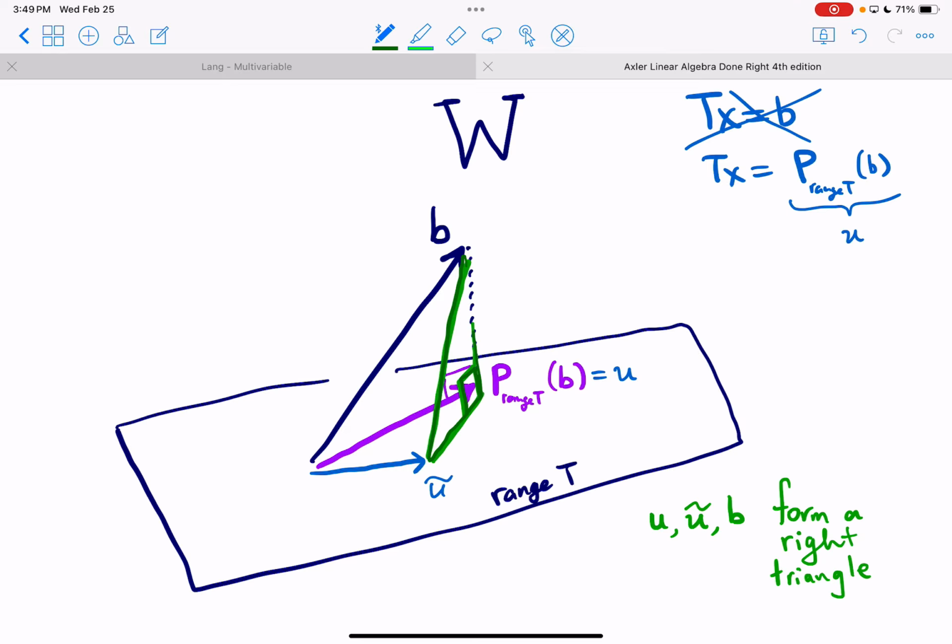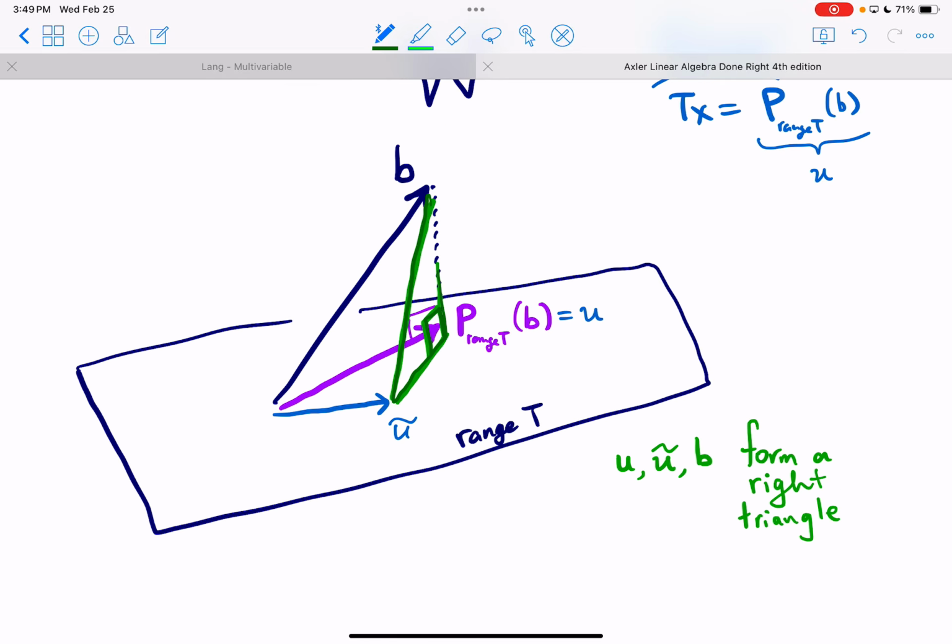Okay. Let's check that it's a right triangle. Well, no. Let's just use what that means now. The distance from u tilde to b is greater than or equal to the distance from u to b. So this means that this is the best.